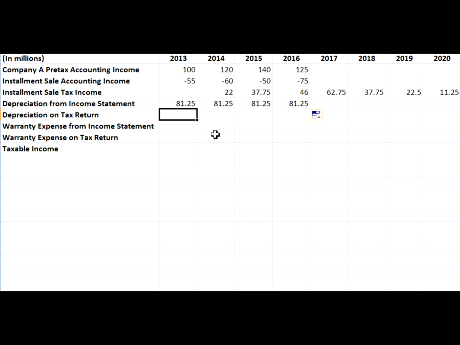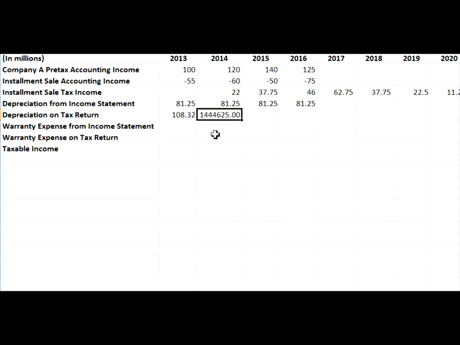So anyway, the first year would be 33.3%, so we'll just take the 325 and multiply it by 33.3% to get the first year, and then the second year would be 44.45%. I might want to put a decimal there, it might help.